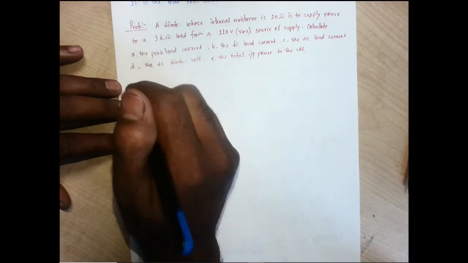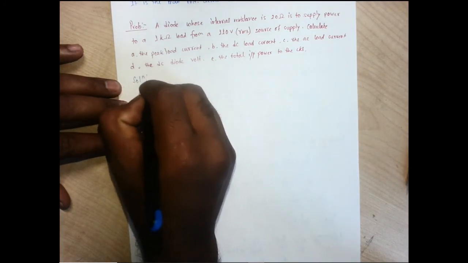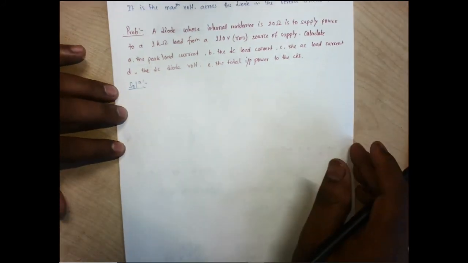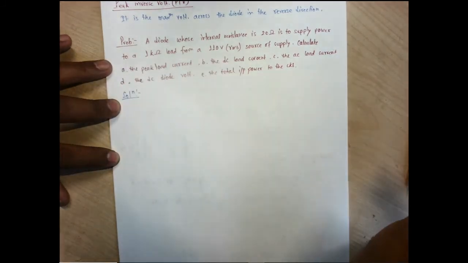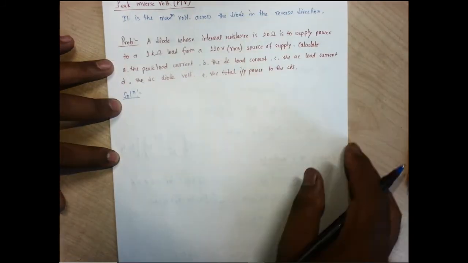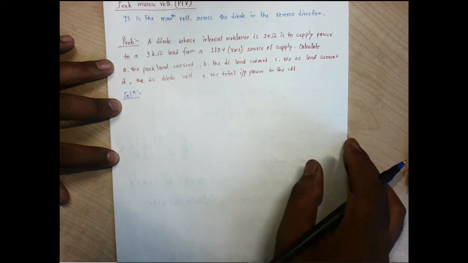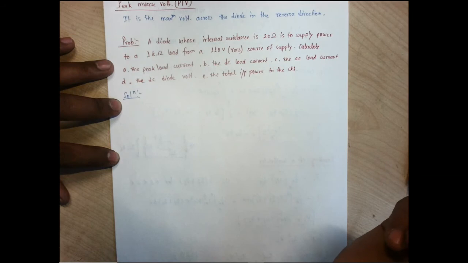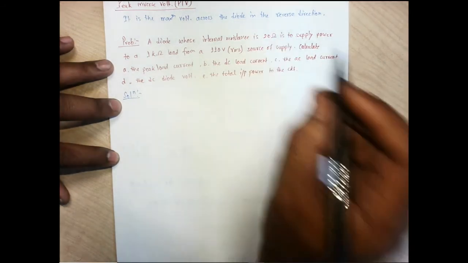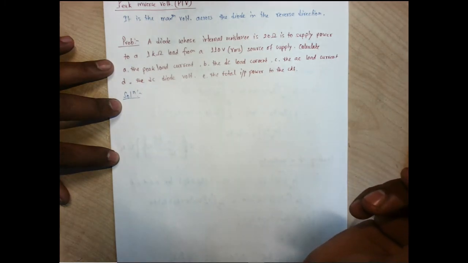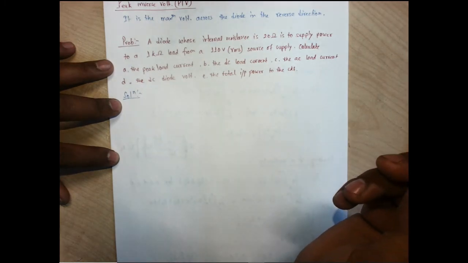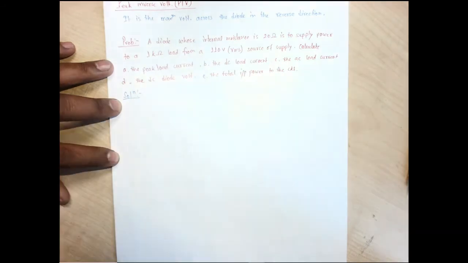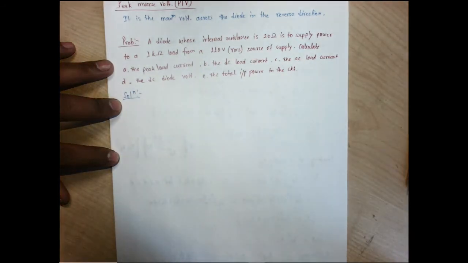So these are the things we need to find out for this problem. So what is the problem? There is a diode which has an internal resistance of 20 ohm. It will supply power to a 1 kilo ohm load from a 110 volt supply, which is the RMS value.